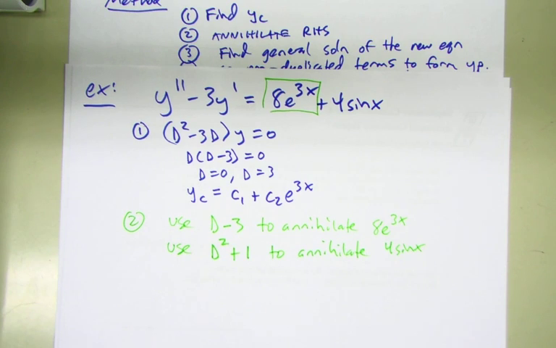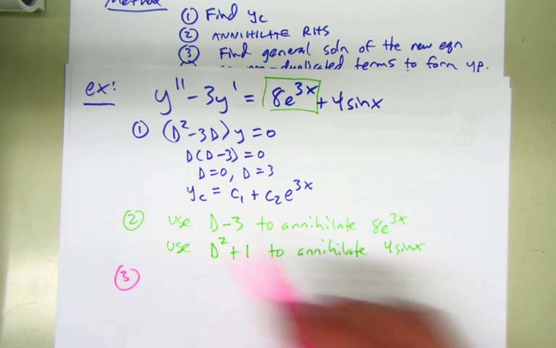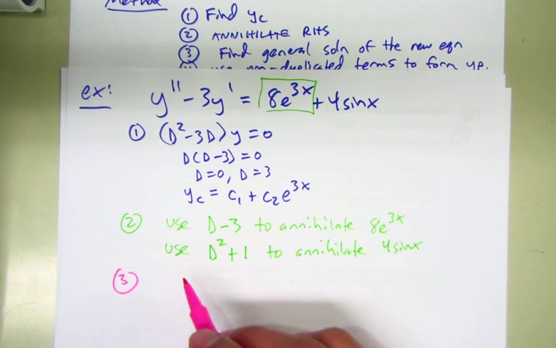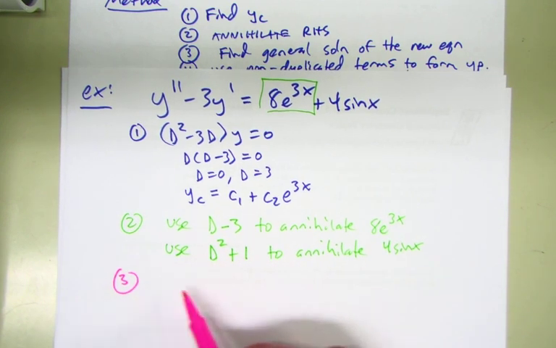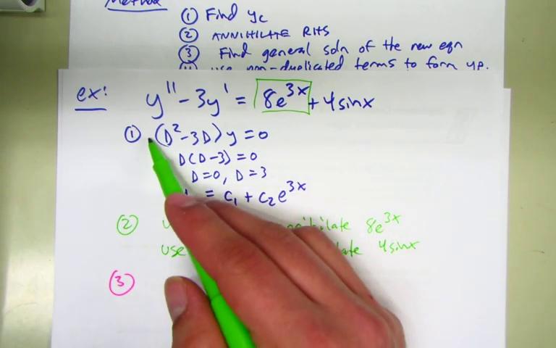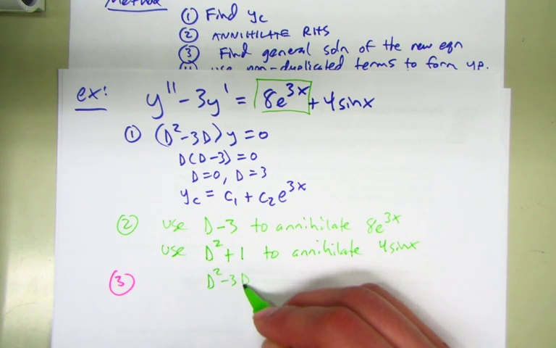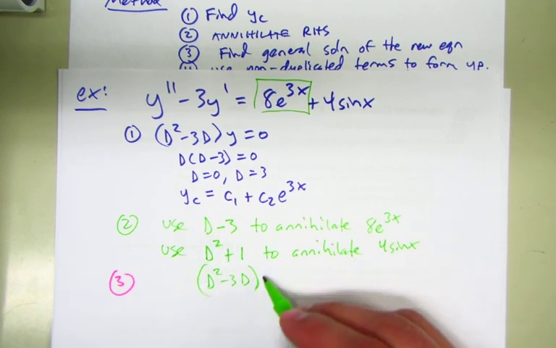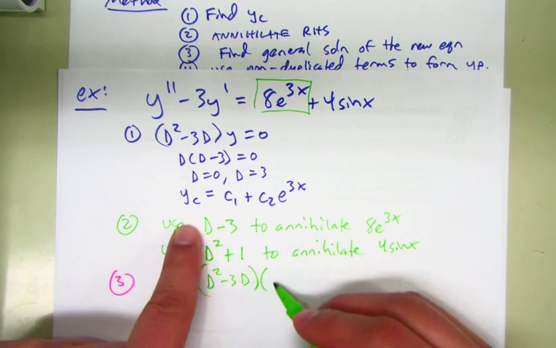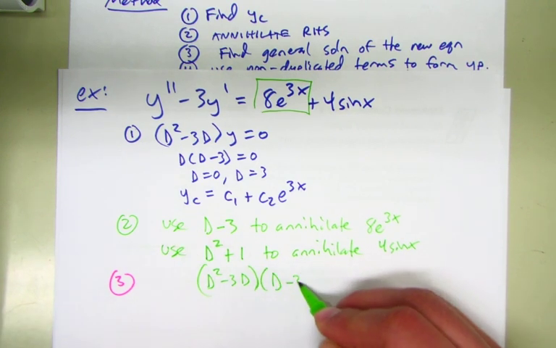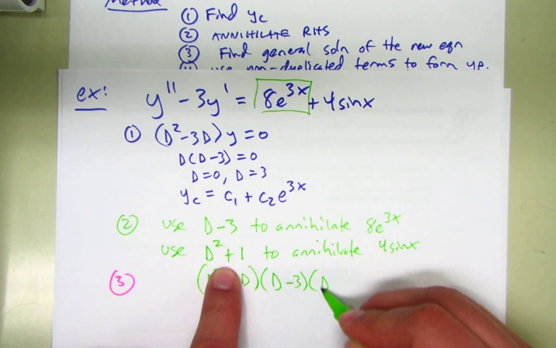And so now from here, we build the general solution. Okay? So the general solution, well, I guess I should write the equation out first. So I forgot that step, sorry. So if I look at the original equation in step 1, now we're also going to apply d minus 3 and d squared plus 1.